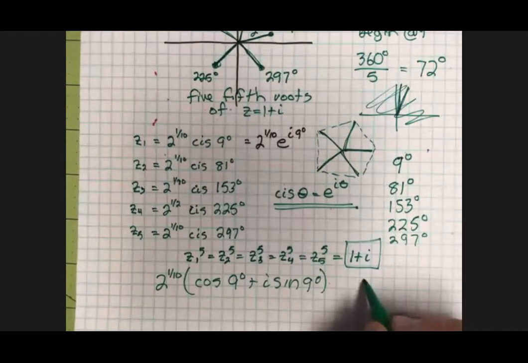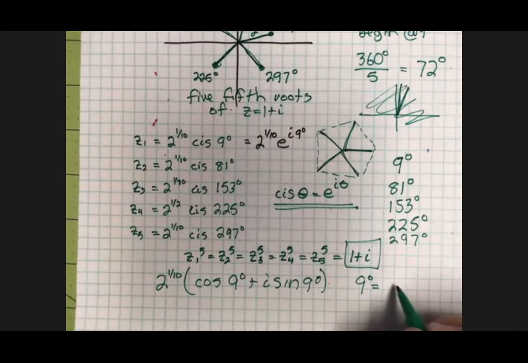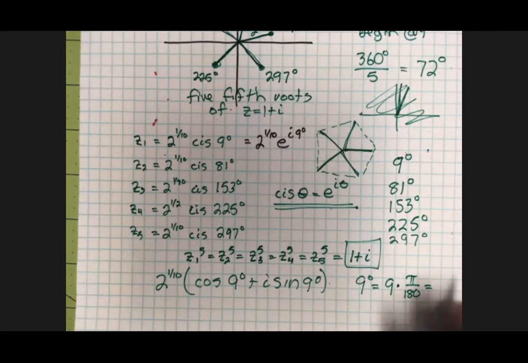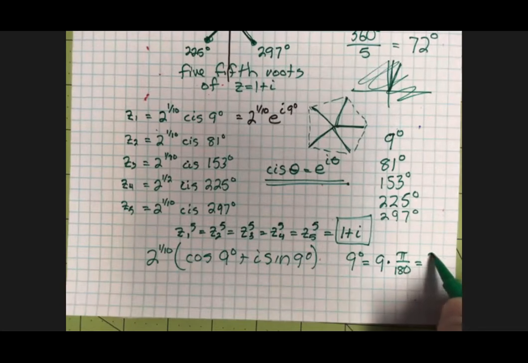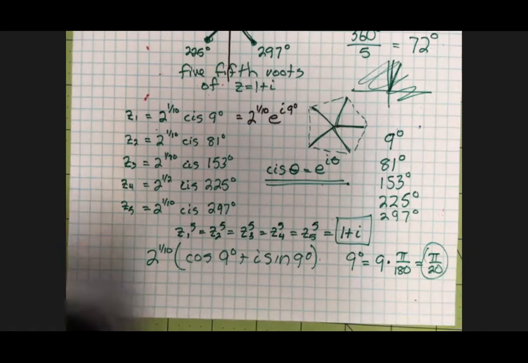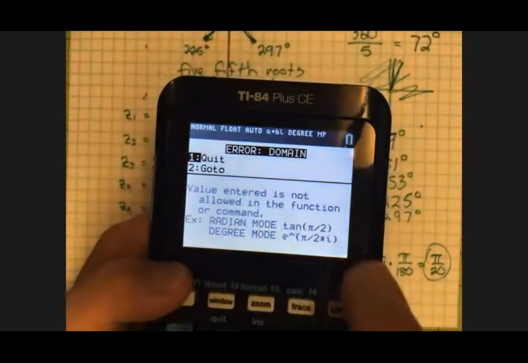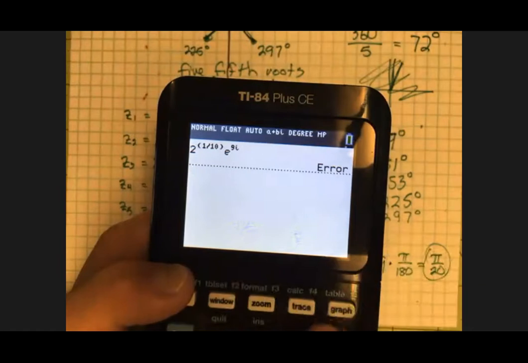I could change 9 degrees to radians by multiplying by pi over 180. For 9, it wouldn't be such a pain. 9 goes into 180 evenly 20 times, so this would be pi over 20. So I could express that like this instead of that 9 there.